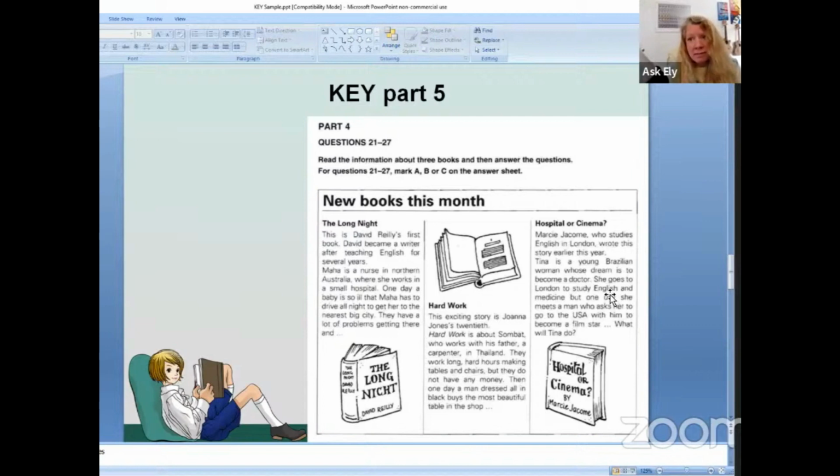It sounds like that's only one book that she wrote earlier this year. I don't see anything else about books. We'll skim, looking for the word book, or write, or wrote, book. No, don't see anything else.